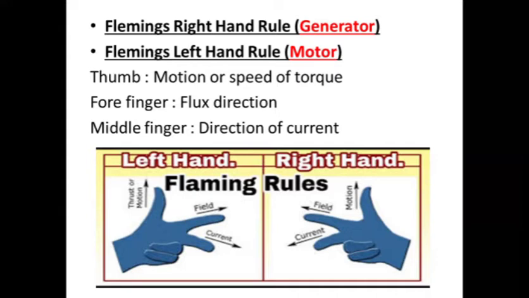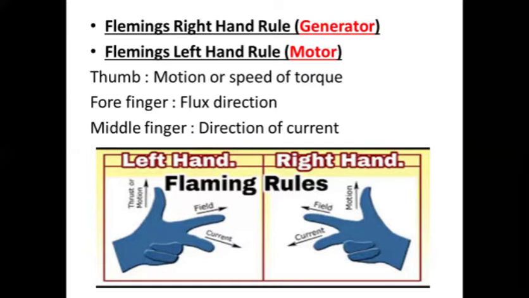When we use the left-hand rule to find the direction of rotation of the motor, the input current we give is denoted by the middle finger, the magnetic field, the flux direction, which is always from North Pole to South Pole, is shown by the forefinger, and the movement of the conductor is shown by the direction of the thumb.